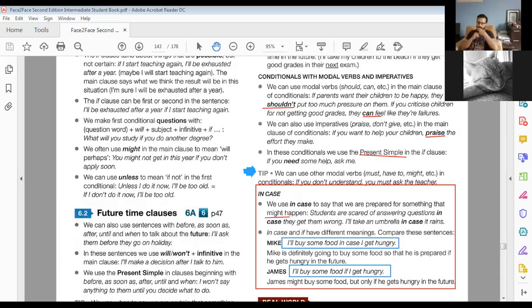Yeah, the one about Mike, yes. What do you think? Is he going to buy the food or not? I think he will buy. Okay, and the second one? He's going to buy. Maybe. James, is he definitely going to buy food?